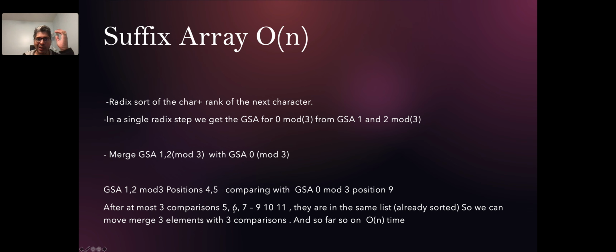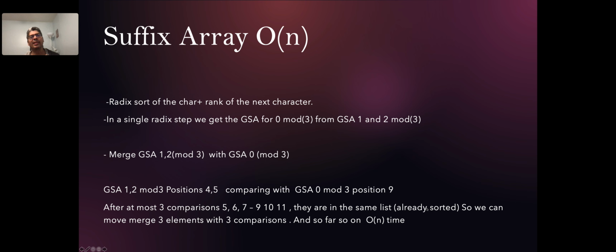And then I get 7 and 11, but 7 and 11 are again in the same list. 7 is 1 mod 3, and 11 is 2 mod 3, so they are also in the same list. And if they're in the same list, I know how to compare them.